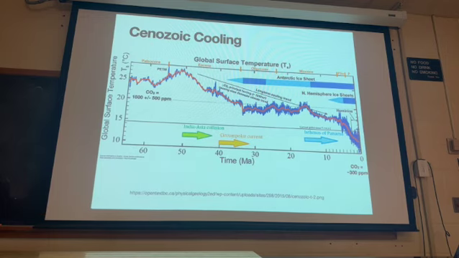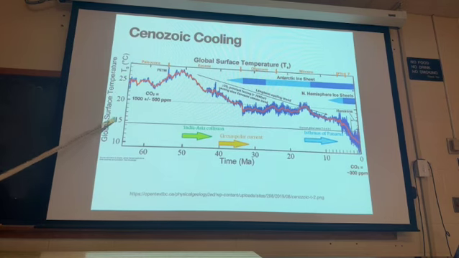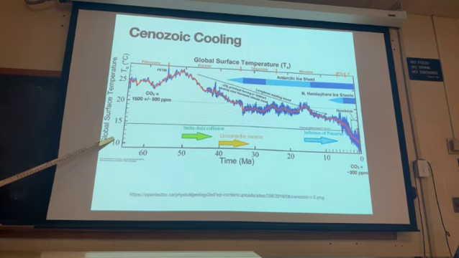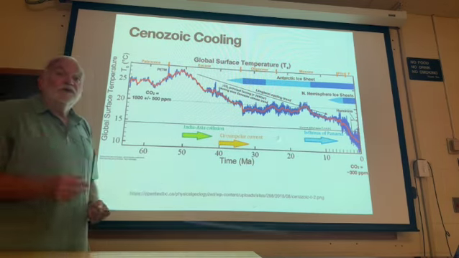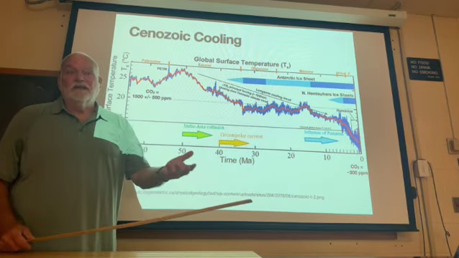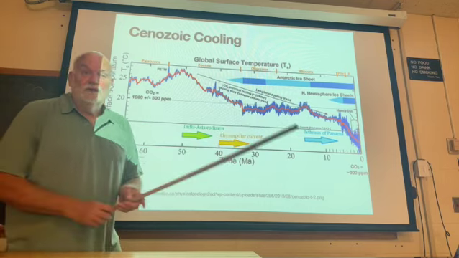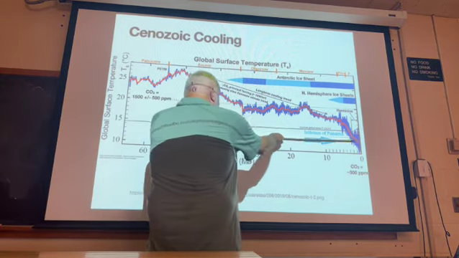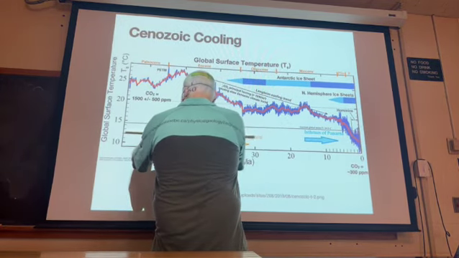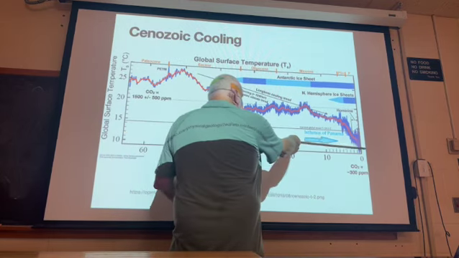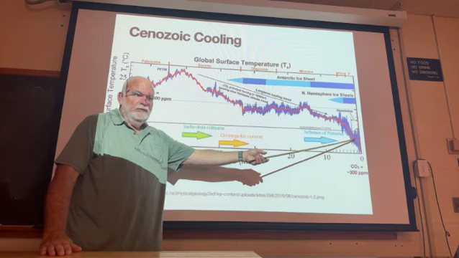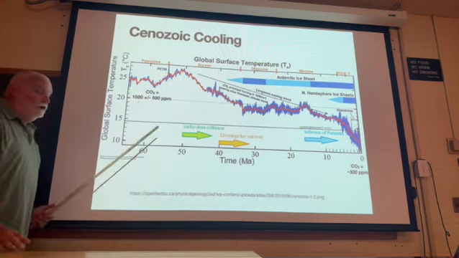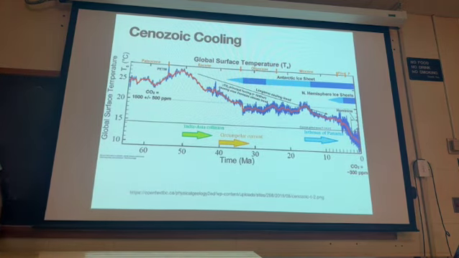This one used oxygen isotopes to reconstruct the temperature scale here. And some of you had the notion of what the temperature today on the globe is, something like 13 or 14 degrees Celsius. And there we are right there, sort of 13 degrees Celsius. And that's the coolest it's been if you go back 65 million years.